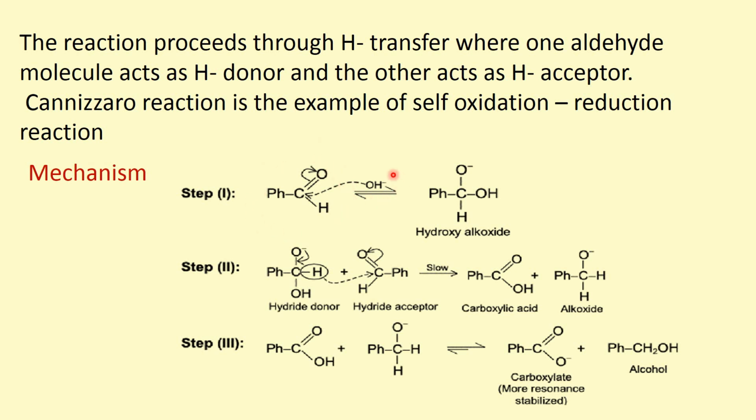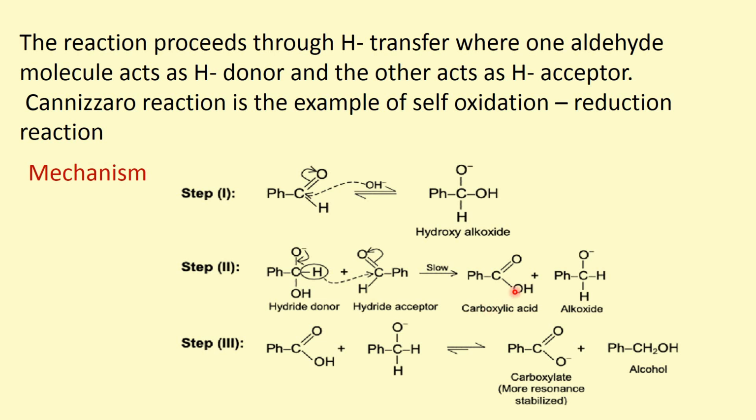Now alkali will attack the carbonyl carbon atom and the pi bond is shifted to oxygen. You will get this one. And then this negative charge will come back and the hydride, hydrogen with its electron pair, shifts to another molecule of benzaldehyde. It is attached to the carbonyl carbon atom of another molecule of benzaldehyde, and then finally you are getting this product.